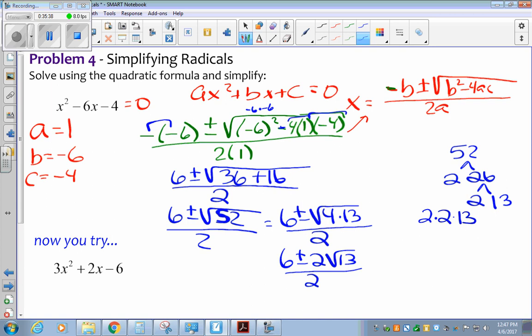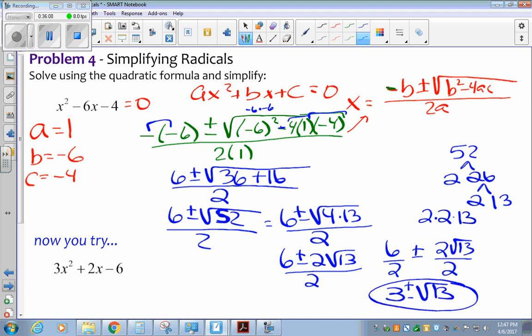I'm going to split that 2 up into each of the pieces. So this is going to be 6 over 2 plus or minus 2 root 13 over 2. What is 6 divided by 2? 3. And what is 2 root 13 divided by 2? So if I have 2 root 13s and I cut them in half, I have this one. So the answer is 3 plus or minus root 13.